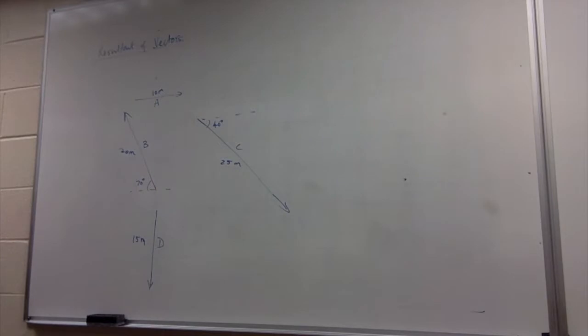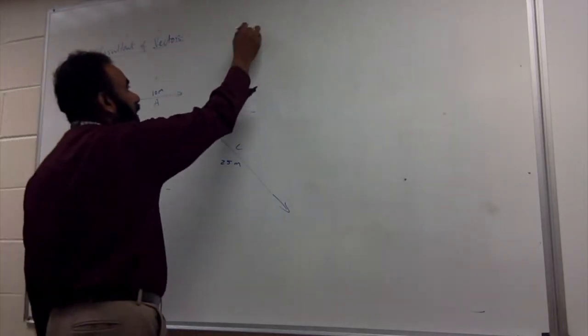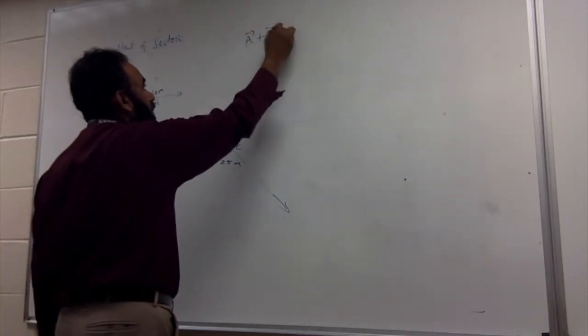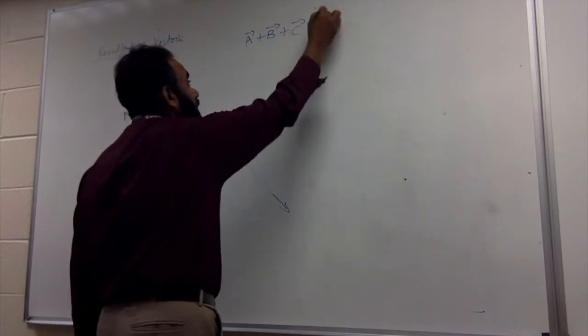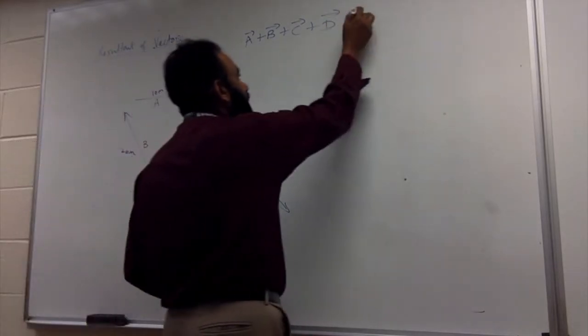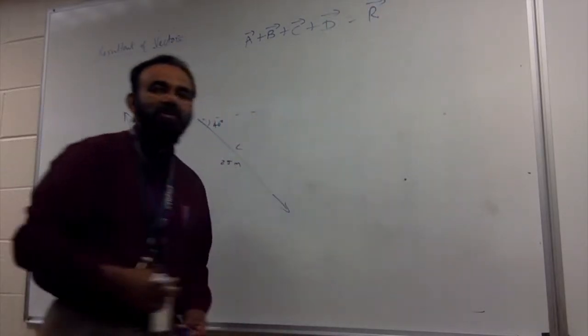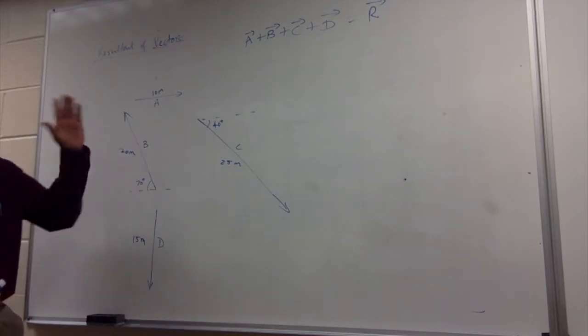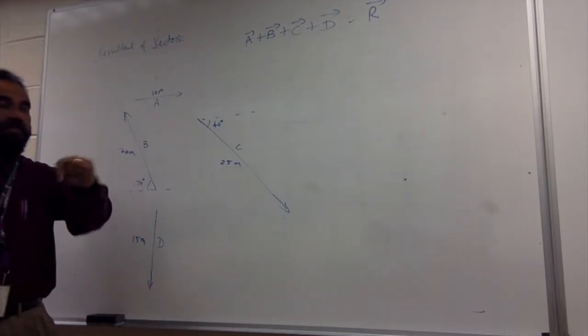So, what is A plus B plus C plus D? I'm going to add all the 4, and I want my resultant. What does that mean? I give you 4 vectors.